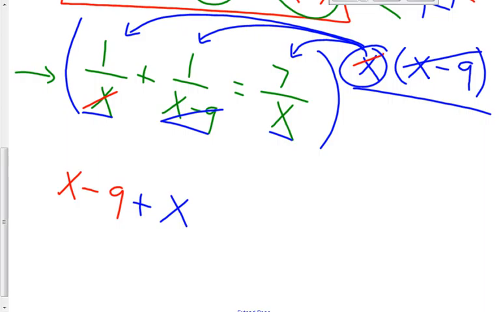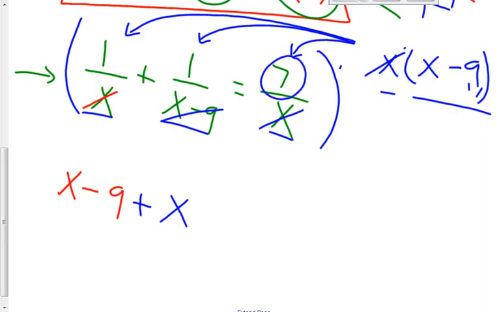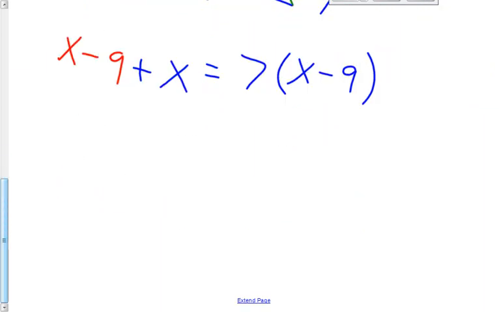And then for my last term, I'm going to clean this up here, x times x minus 9. What cancels in this one? It is the x's, so it's 7 times x minus 9. Okay, now we don't have any denominator anymore, so now this is much easier to solve.